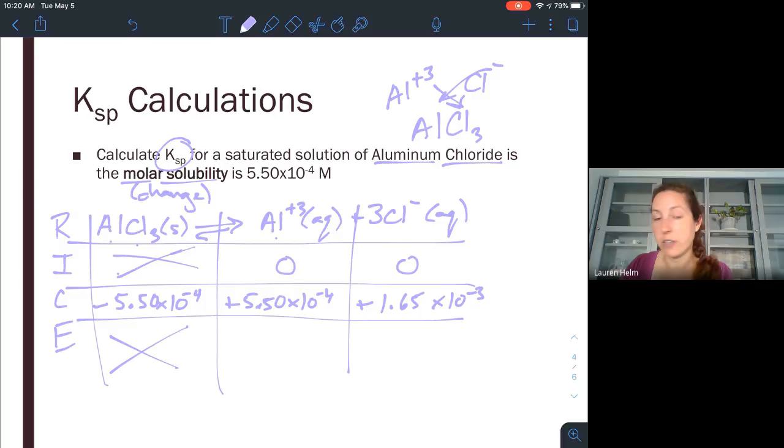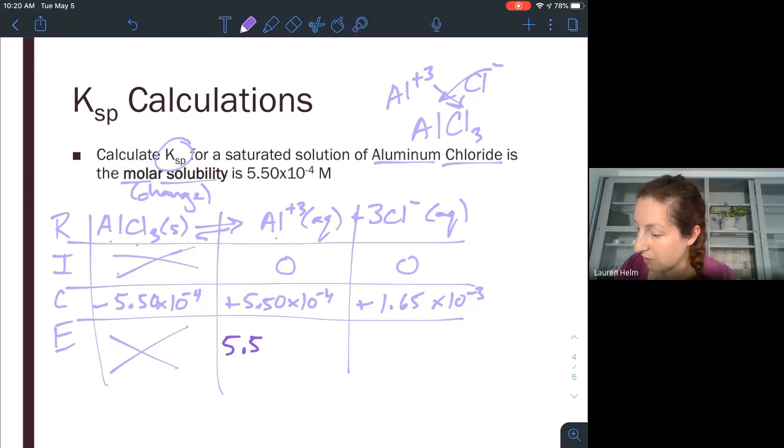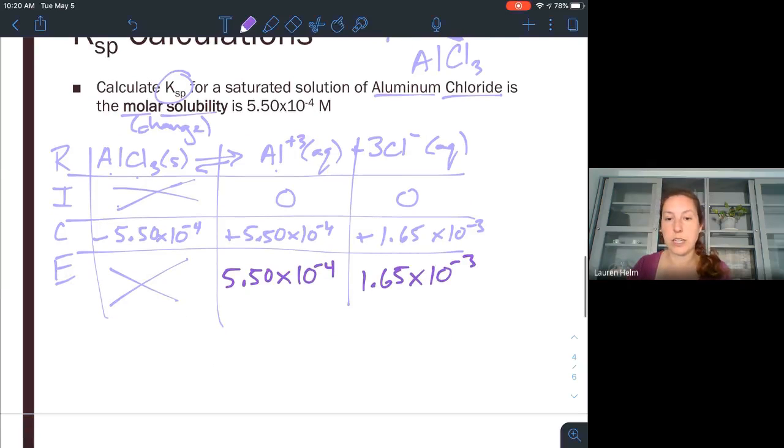We're going to go through and find our equilibrium amount. So 0 plus 5.5 times 10 to the negative fourth is 5.5 times 10 to the negative fourth, and 0 plus 1.65 times 10 to the negative third is just that. Our goal with this was to get our equilibrium concentrations of our ions. Our Ksp is going to be the concentration of the products. Our reactants are solid or liquid, so they don't count.